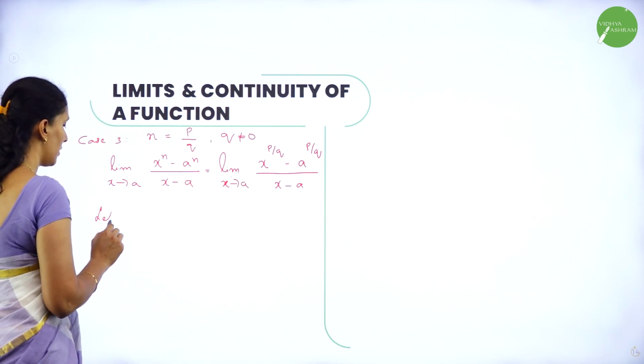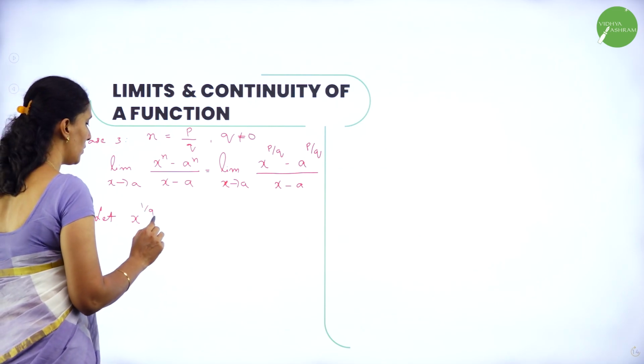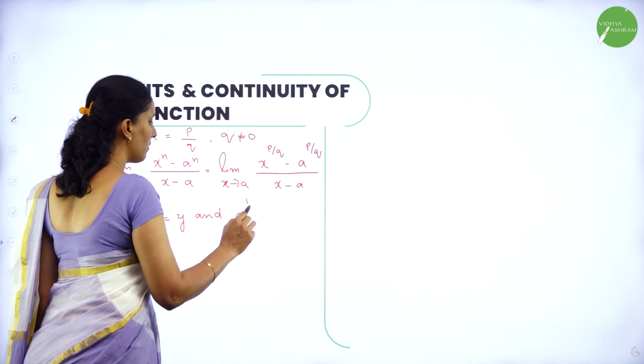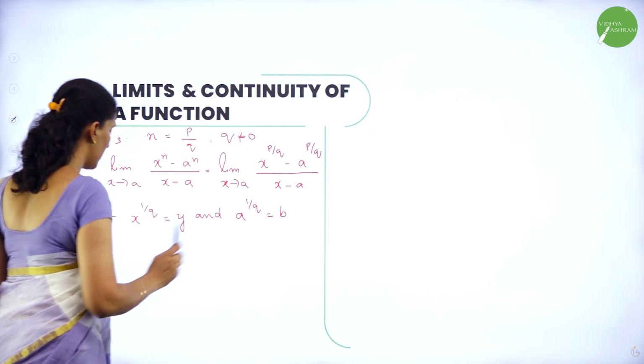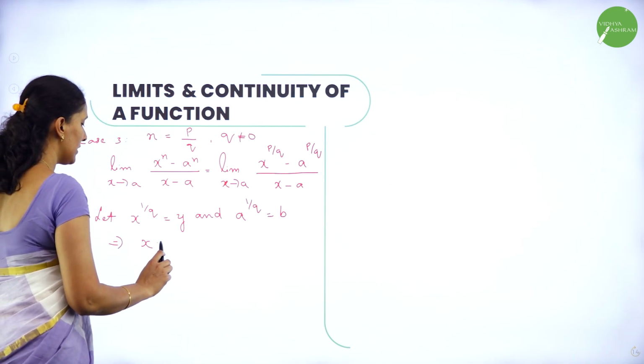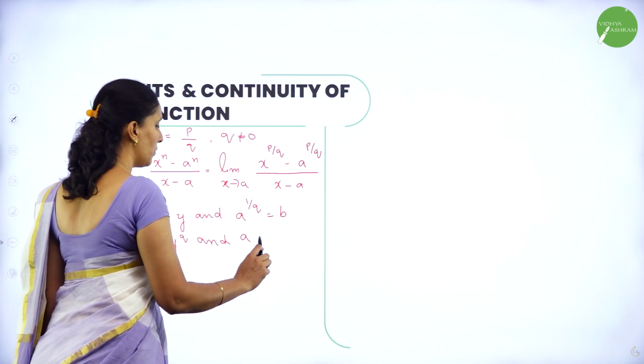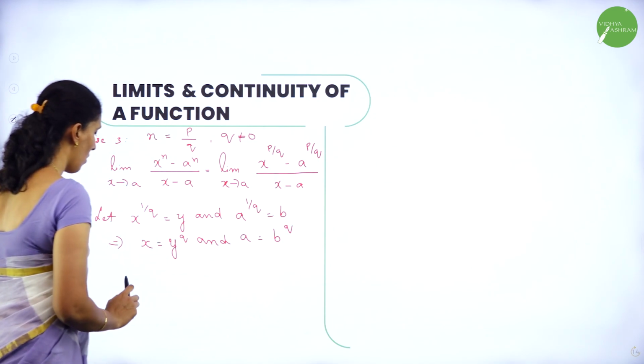Let x to the power 1 by q is equal to y and a to the power 1 by q is equal to b. So this implies x is equal to y to the power q and a is equal to b to the power q.